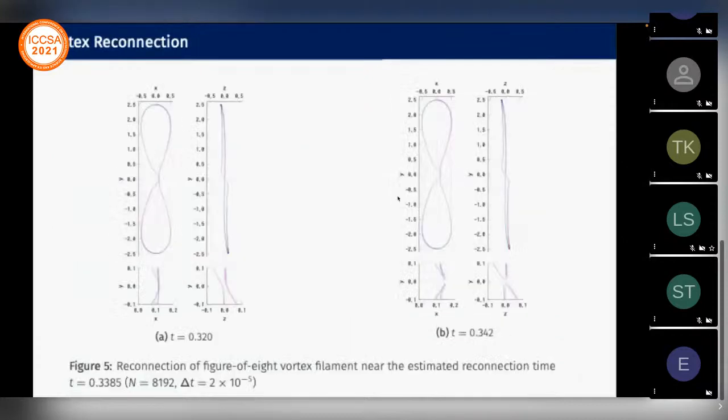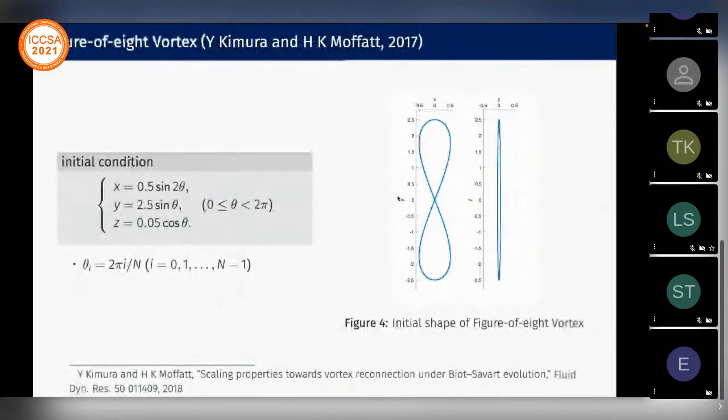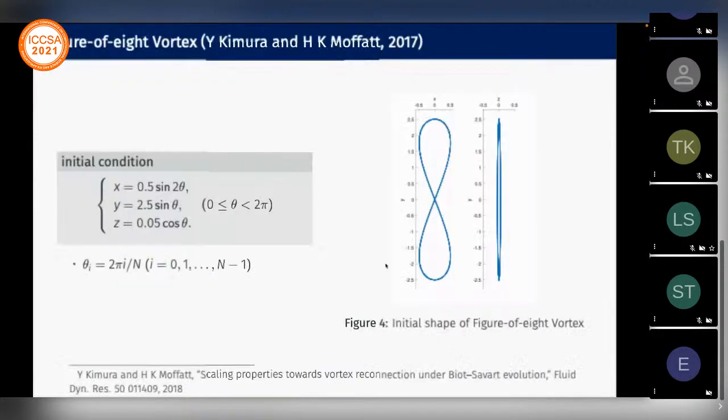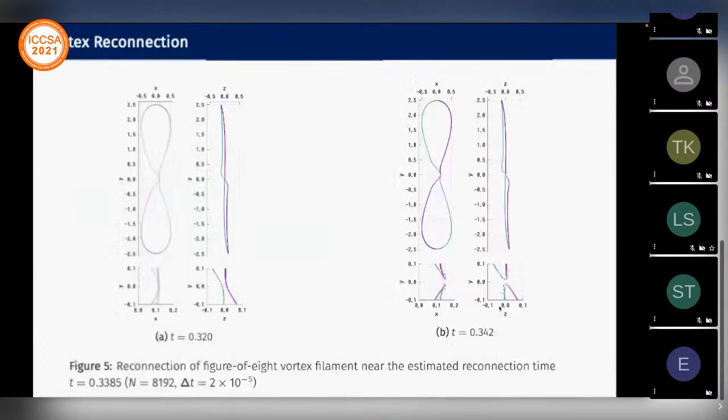In a computation, we can see this kind of phenomenon. The initial shape is an 8 shape, and here is almost a parallel, anti-parallel region. As time goes to 0.32, the two curves are still separate. The green color means x less than 0, and the purple color means x over 0.